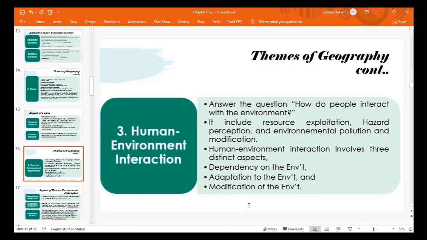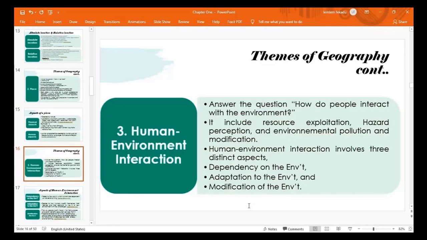The third theme of geography, or the tools through which geography can be studied, is human environmental interaction, or the human-earth connection. This human environmental interaction includes three distinct aspects: dependency, adaptation, and modification.